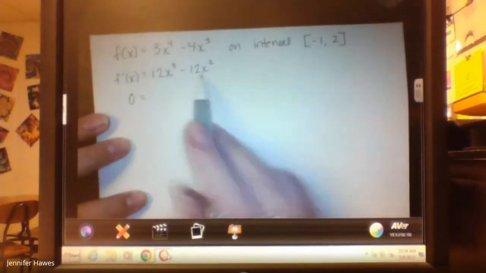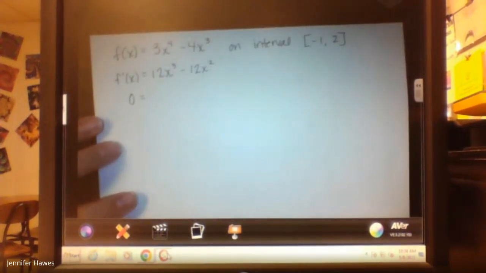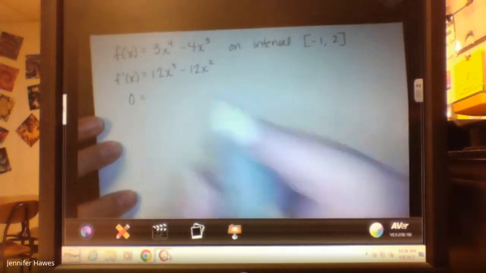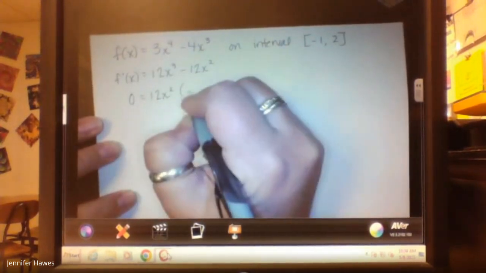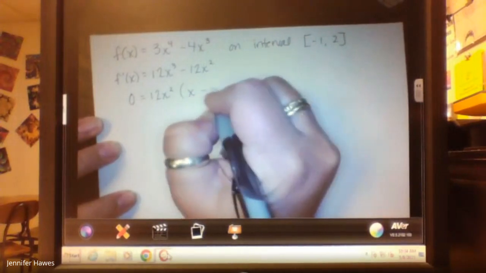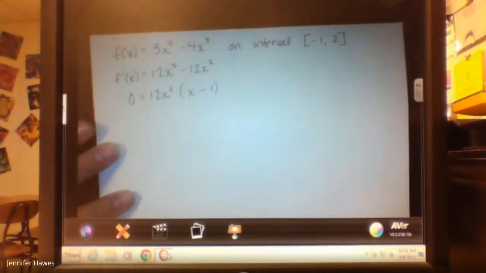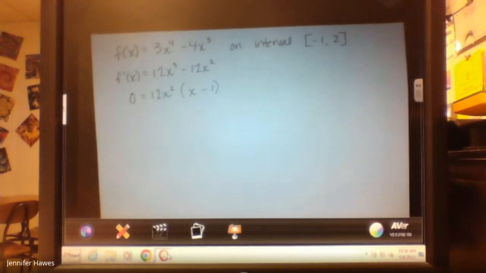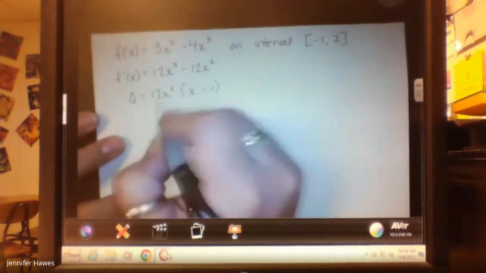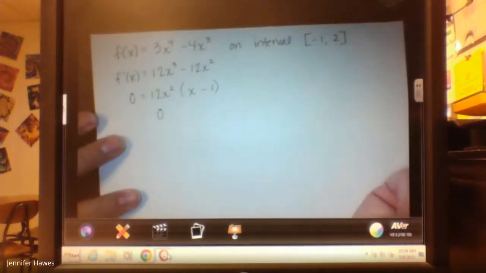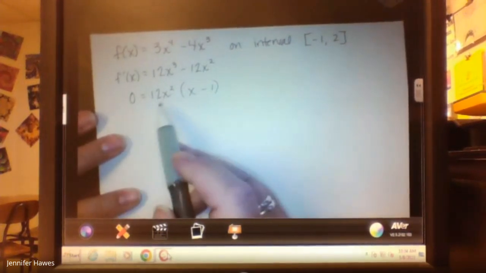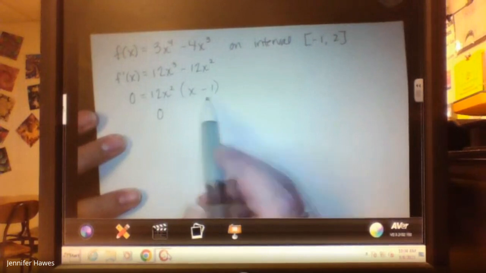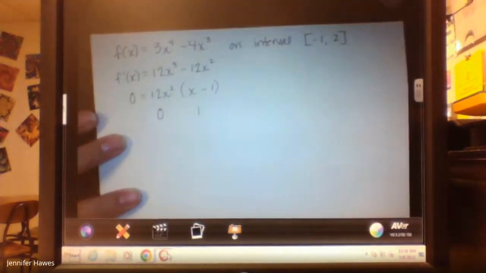What do these two things have in common? 12x squared. If we take out a 12x squared, we're left with x minus 1, correct? So I got critical points: this one would be 0, and then this one would be 1.